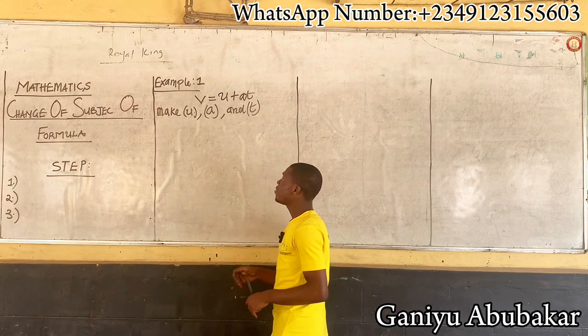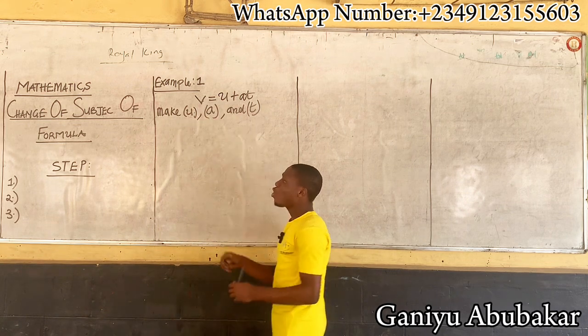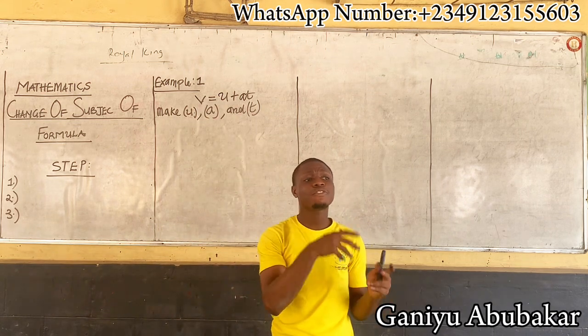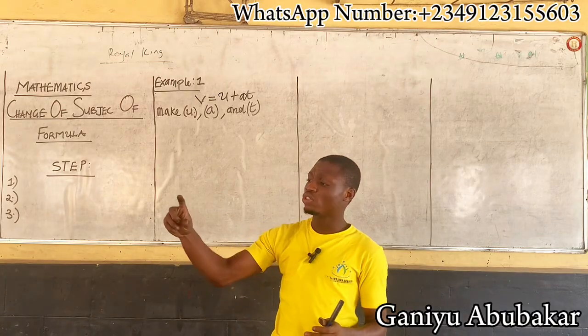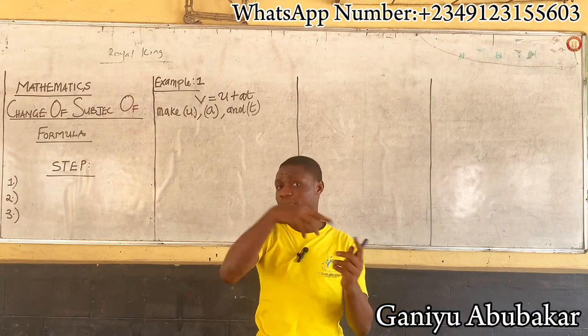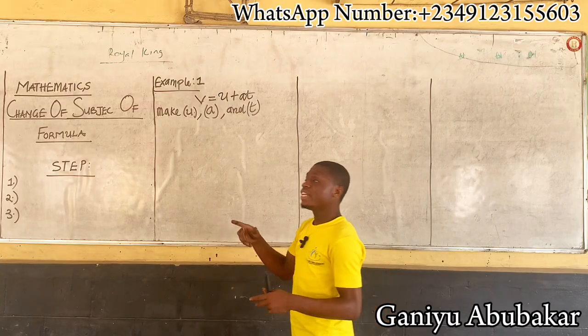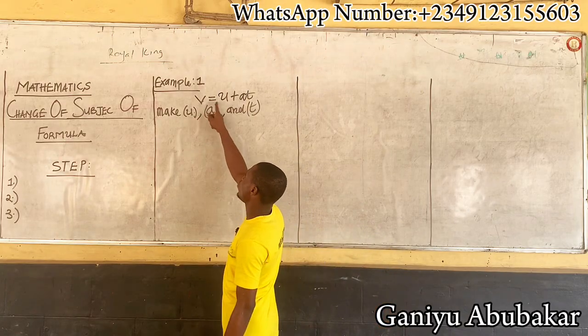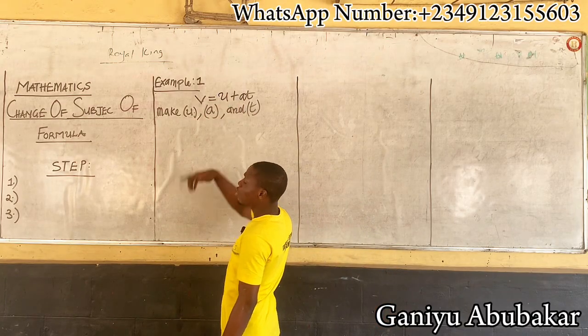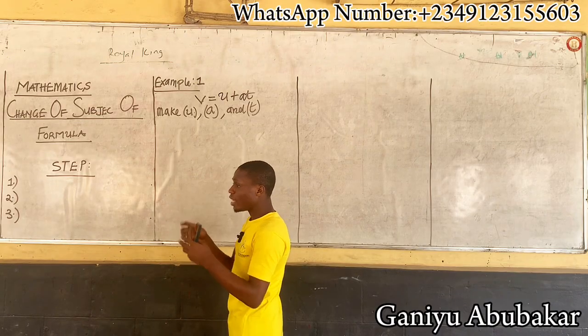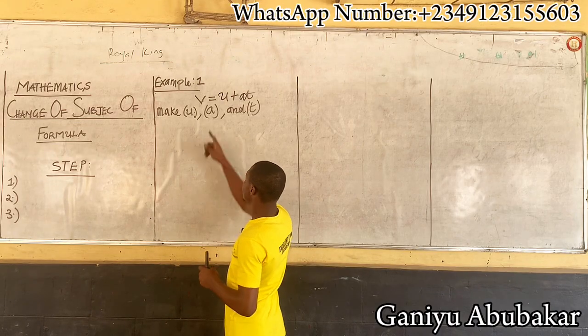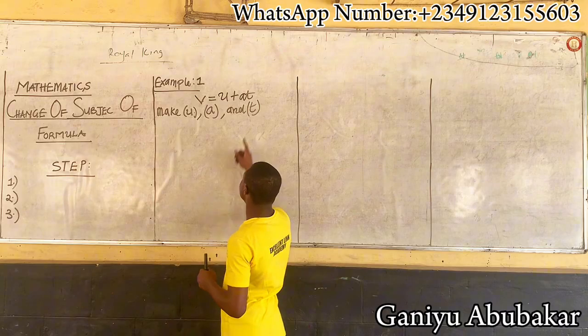When it comes to change of subject of formula, they'll give you an equation. They don't ask you to make something the subject. In this case, the given equation is v equal to u plus at. So I'm asked to make u the subject, also make a the subject, also make t the subject.